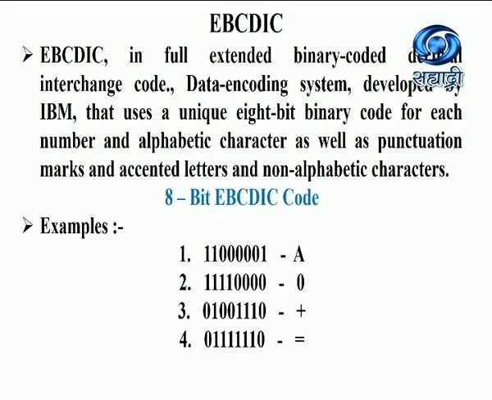Let us see some examples. The 8-bit EBCDIC code first, 11000001. This 8-bit EBCDIC code corresponds to the character A. Second example, 11110000. This 8-bit EBCDIC code corresponds to number 0.